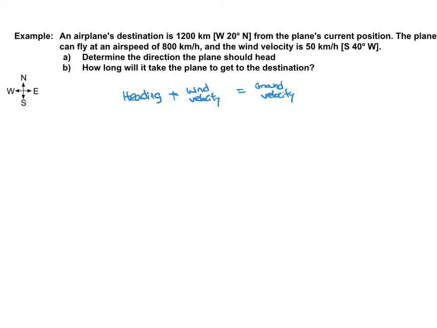And I'll copy down my numbers again, 800 kilometers per hour, but I don't know the direction. And then 50 kilometers an hour. I do know the direction of the wind. And then ground velocity, I don't know the magnitude, but I know the direction.